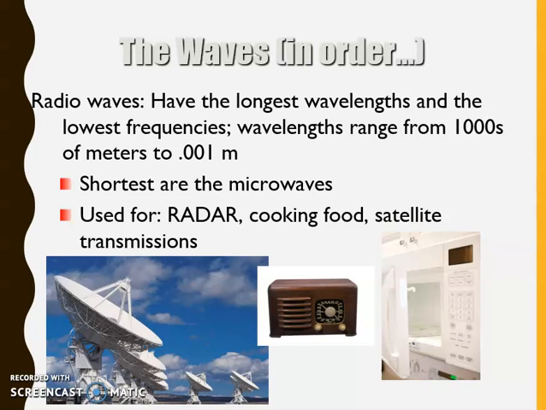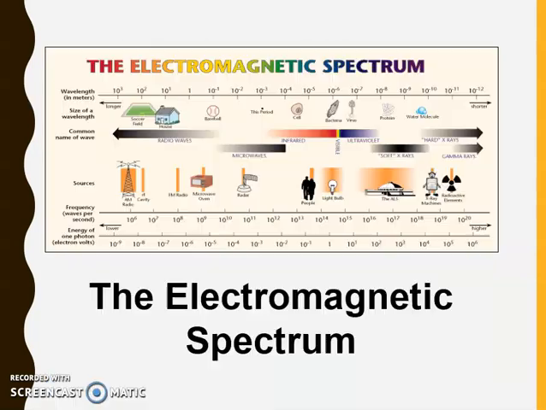And so when we look at radio waves, there's actually different kinds of them. The shortest one is the microwave, which we know is used for cooking, very good energy to them. And then we also use them with radar, cooking food obviously in our microwave. And then they also help us with satellite transmissions as well. So going back to the radio waves, they are over here.